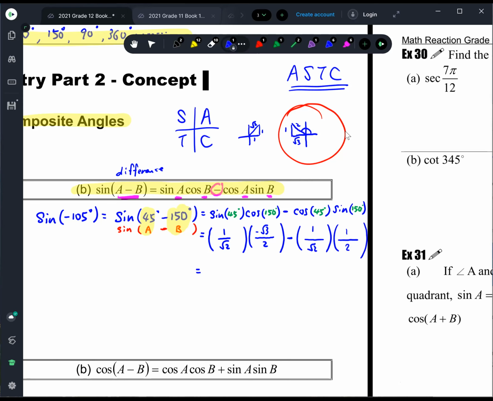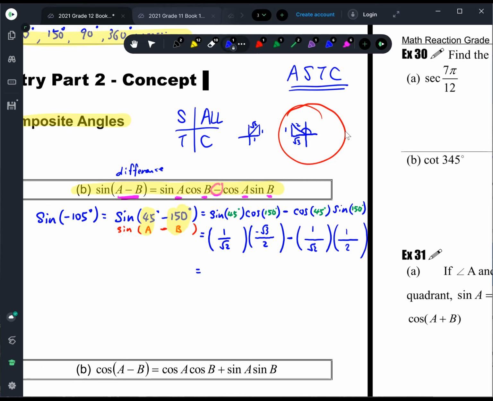I can't remember. Okay, A means all. All means everything: sine, cosine, tangent. Everyone is positive. And S, what does S represent? The sine. Yeah, sine or cosecant.